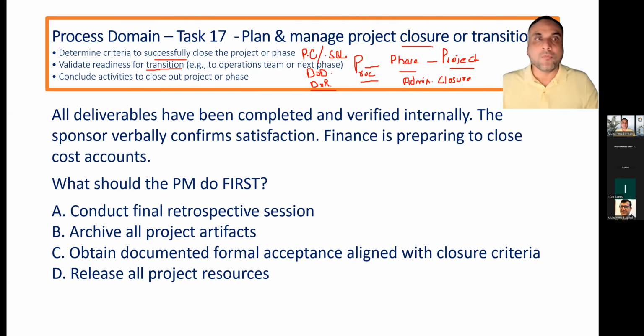And when we collect the requirements, what types of requirements do we collect? We collect project requirements, product requirements, stakeholder requirements, business requirements, functional requirements, quality requirements, non-functional requirements, also transition requirements.